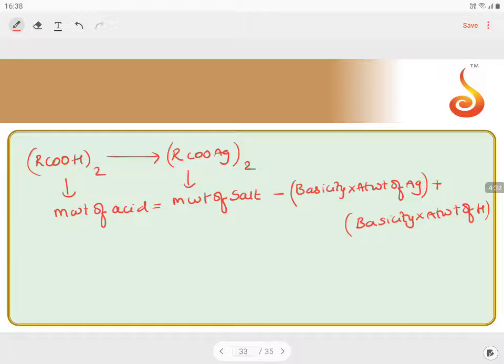If you have 2 hydrogens, you are adding 2 hydrogens, you are removing 2 silver. That's it. You get the same mass as the molecular weight of an acid.